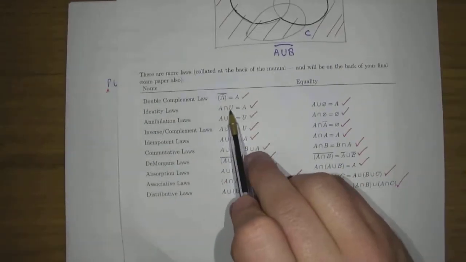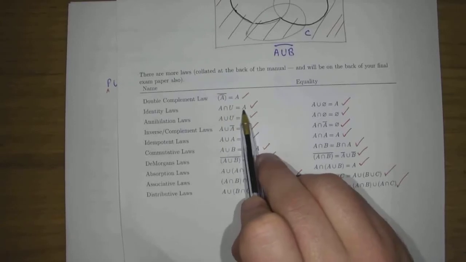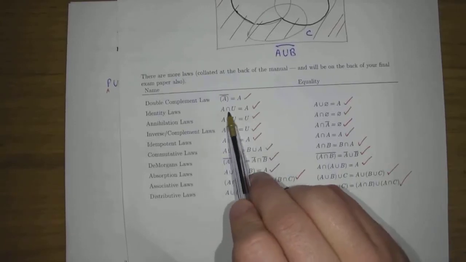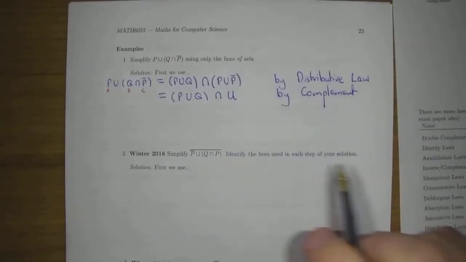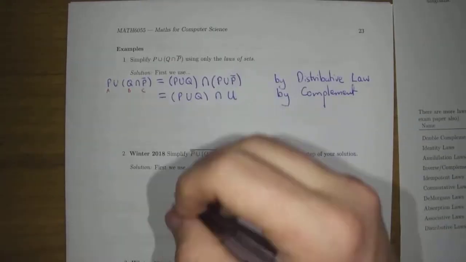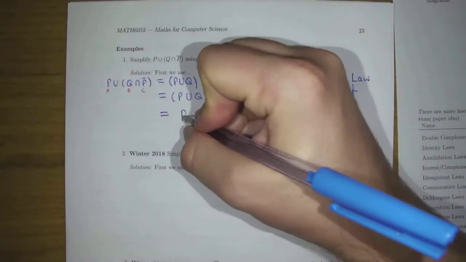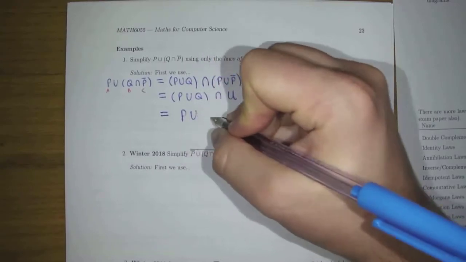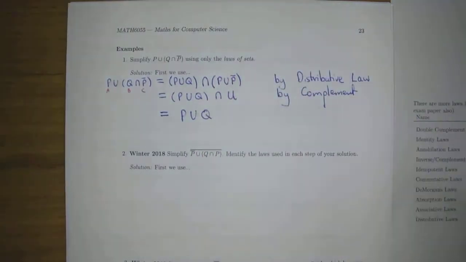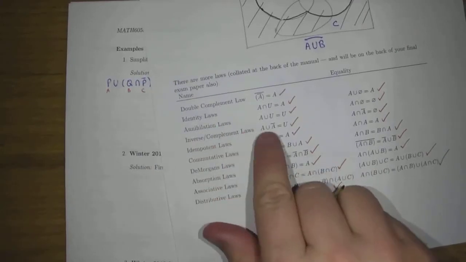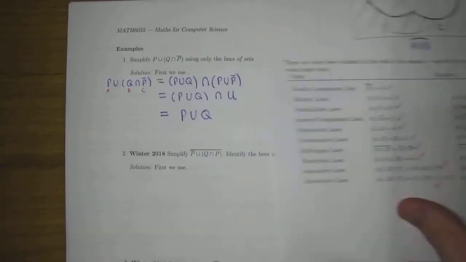Yes. If you intersect with the universal set, it makes no difference. Anything intersecting the universal set is that same set. So this intersect U is just P union Q. This is probably one of the most difficult questions. What's this called? It's not called annihilation, it's called identity.